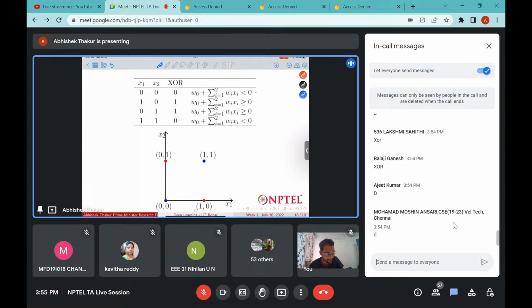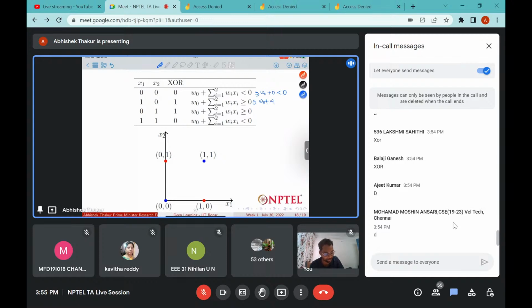So our first equation says that w0 plus w1x1 plus w2x2, that is 0 because both the inputs are 0, is less than 0. The second equation is w0 plus x1 w1.